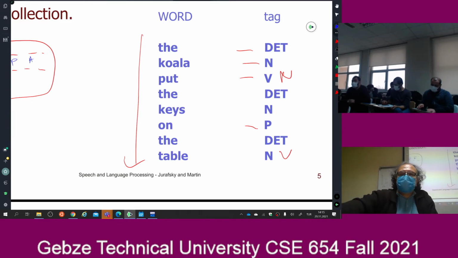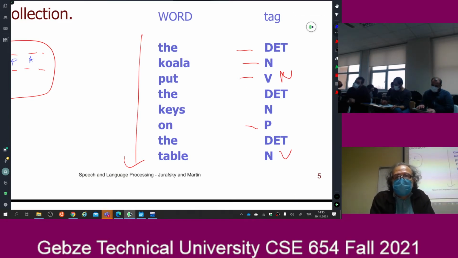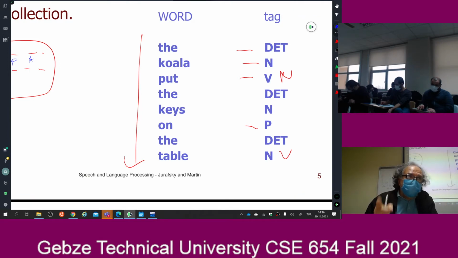So this is a correctly assigned sequence of tags for this simple sentence. The usually is determiner. Call, I am sure, has an adjective meaning. I don't think that it's a verb. But put has 4 different alternatives. Keys: I am sure key can be used as a verb too, like key in the car.